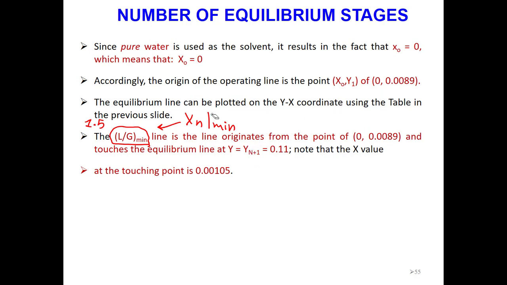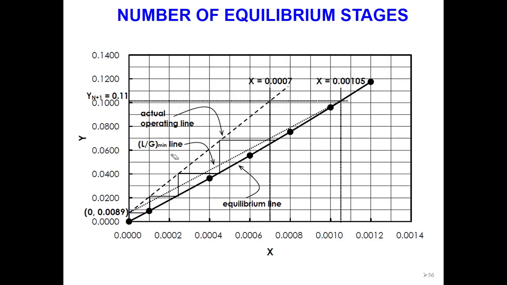We have one point at the bottom of the operating line, which is the top condition, pure solvent and the gas that is leaving, and we also have yn plus 1 at the bottom of the column, or top of the operating line.